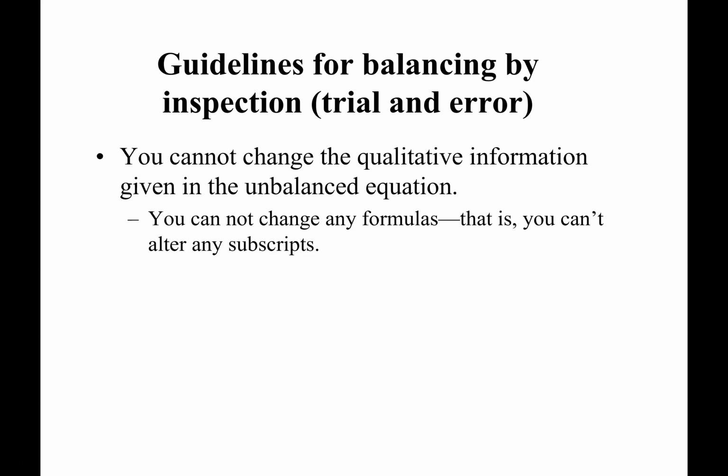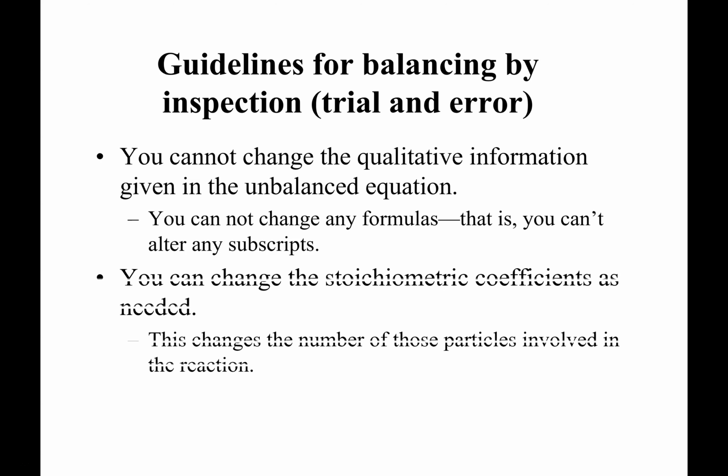Okay, what else? You can't change the subscripts, but you are encouraged to change where I put the squiggle marks. The squiggle marks are to the left of the species. Those are called stoichiometric coefficients.